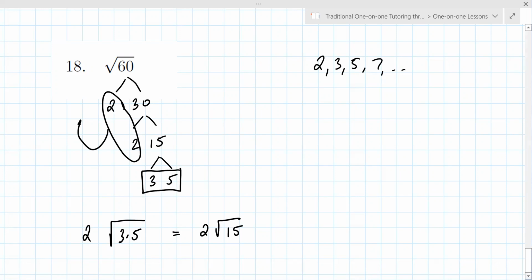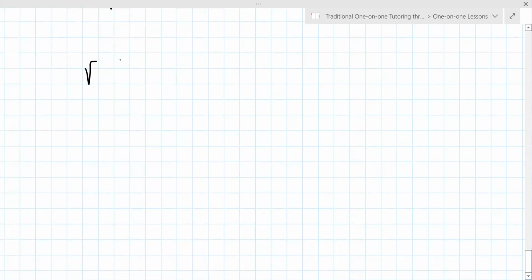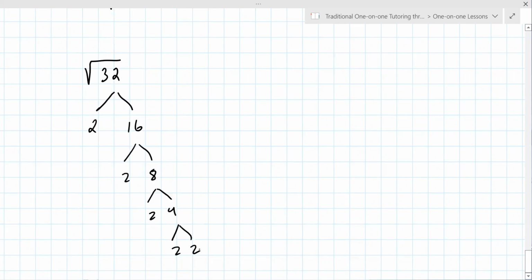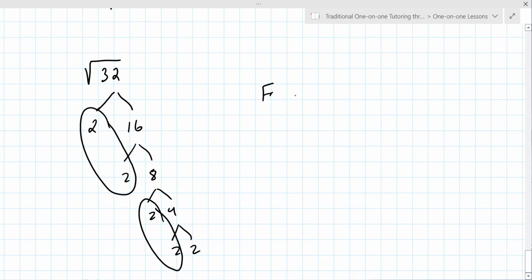All right, but why did I bring that example up? Well, let's look at the square root of 32. 2 and 16, 2 and 8, 2 and 4, 2 and 2. Do you see how you just keep trying? We're finally down at the end here. Now there's more than one pair this time. So for each pair, you bring a number out.